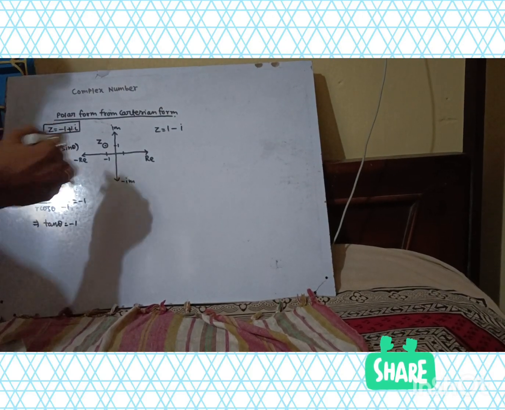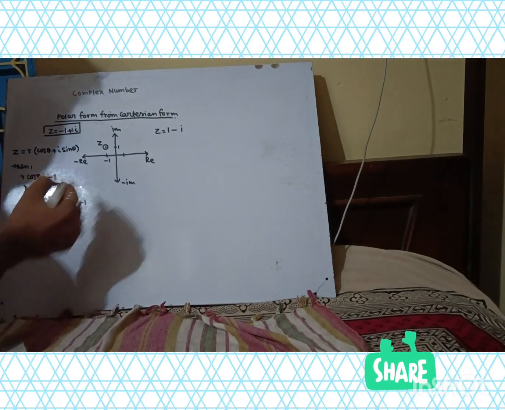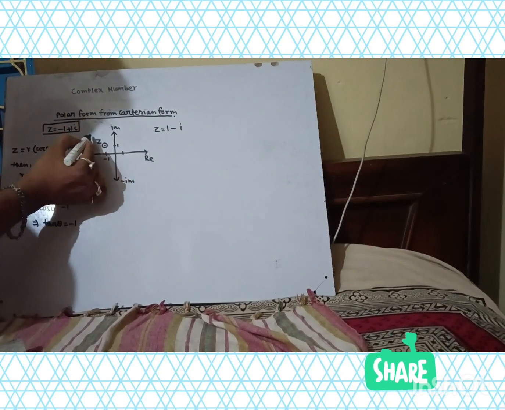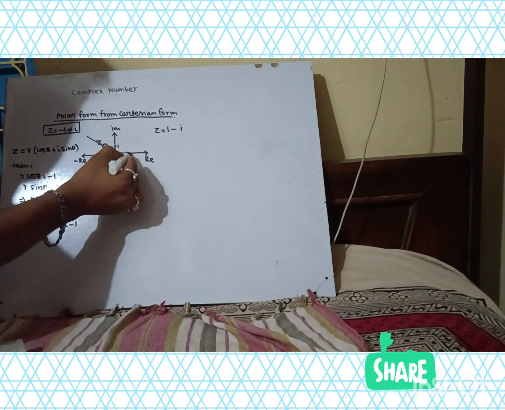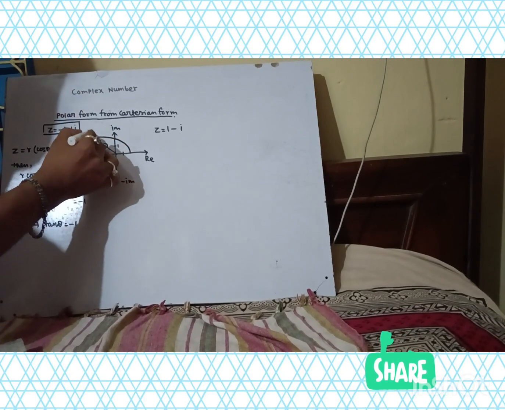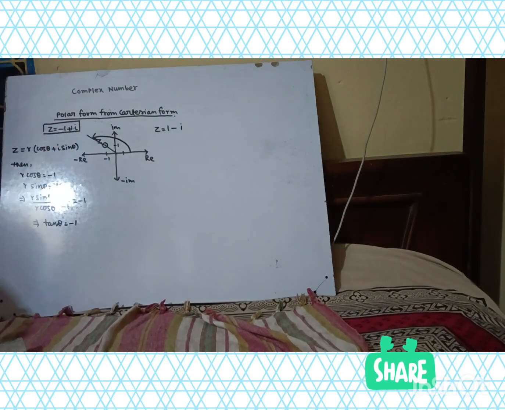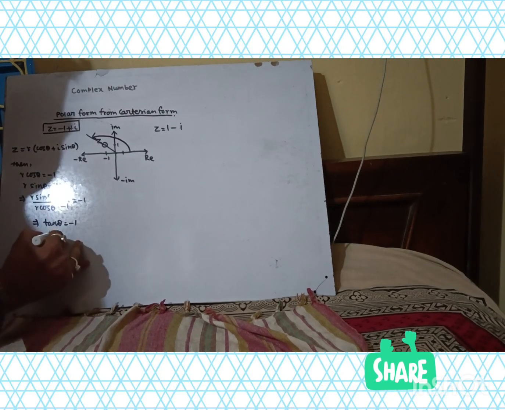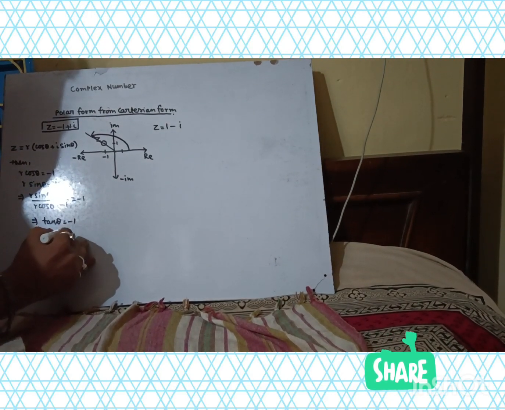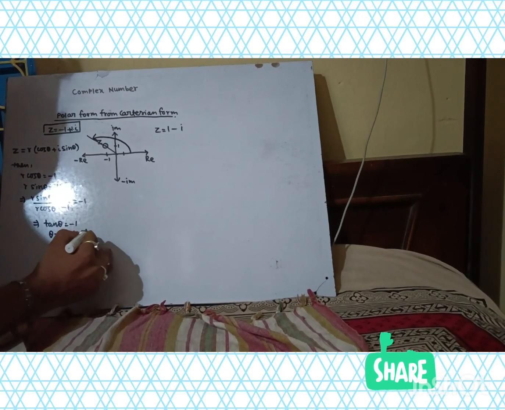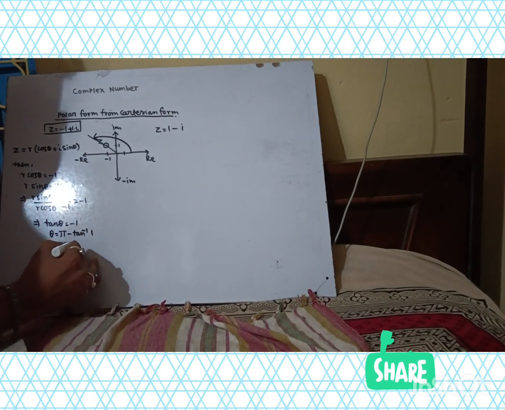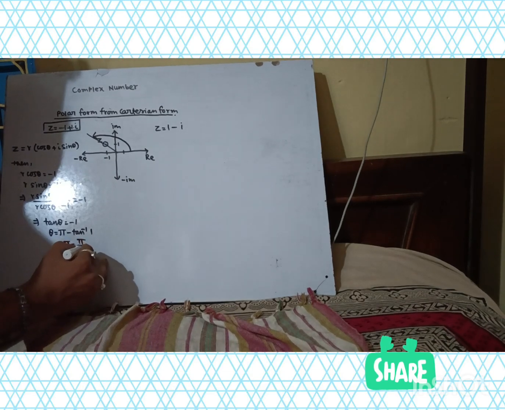See that here theta means this, in the anti-clockwise direction. That means theta is equal to pi minus tan inverse 1, that means pi minus pi by 4.